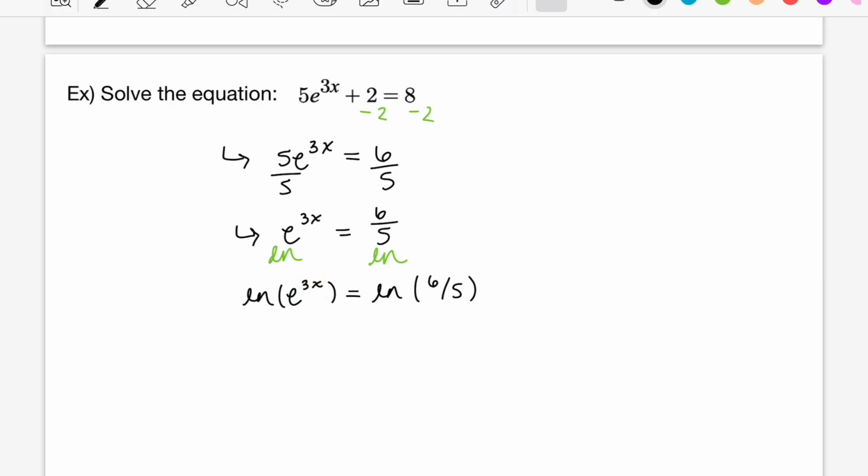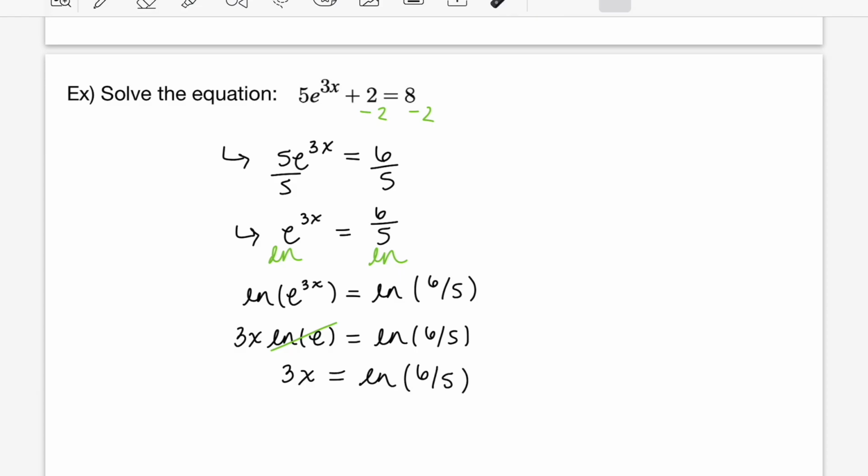And that's the same as if we were to use our power rule. We could do this here. Ln of e is just 1. So we get 3x is equal to ln of 6 over 5 here. Okay? So we could skip this step altogether and just recognize that these will undo each other, so this exponent comes down, but this is the reason why that's happening, because of the power rule.